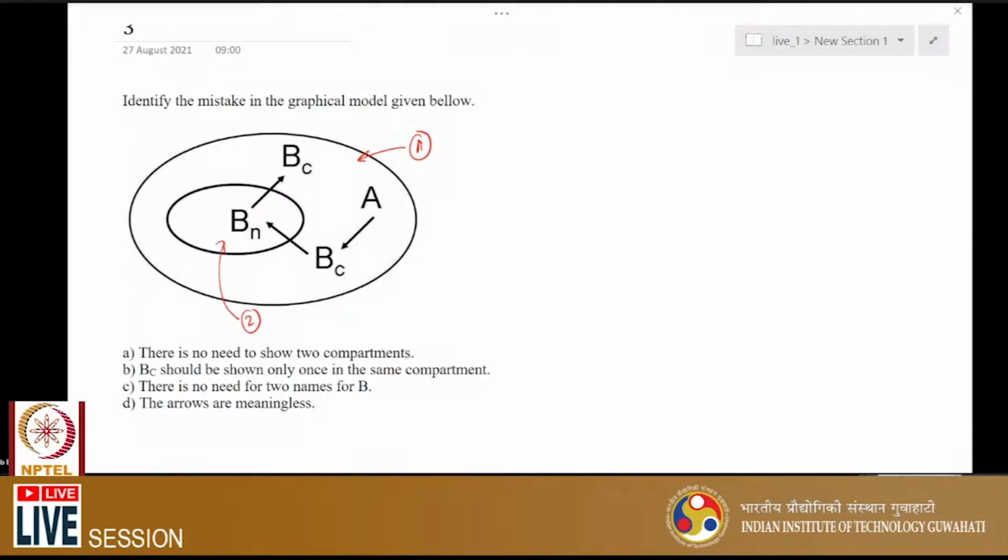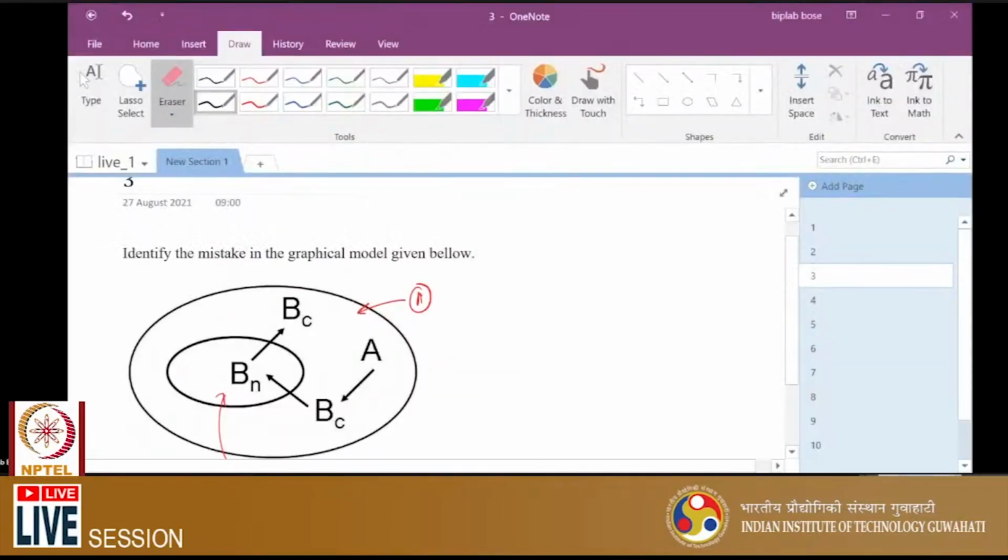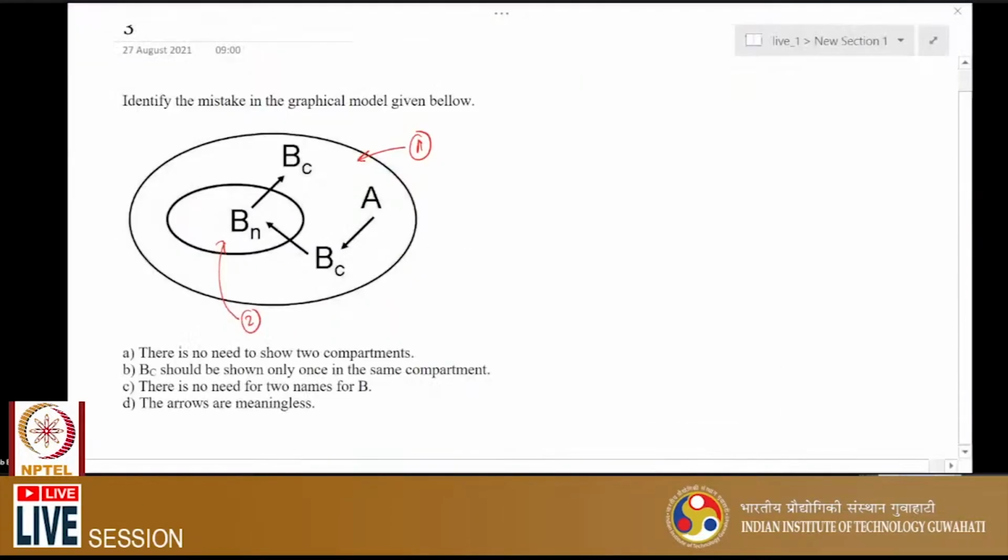It's not so tricky. See, I have A. A is becoming B, and B I marked as B subscript C, because C is representing cytoplasm. That B diffuses into the nucleus, the second compartment, and that's where I have marked B by two variables.